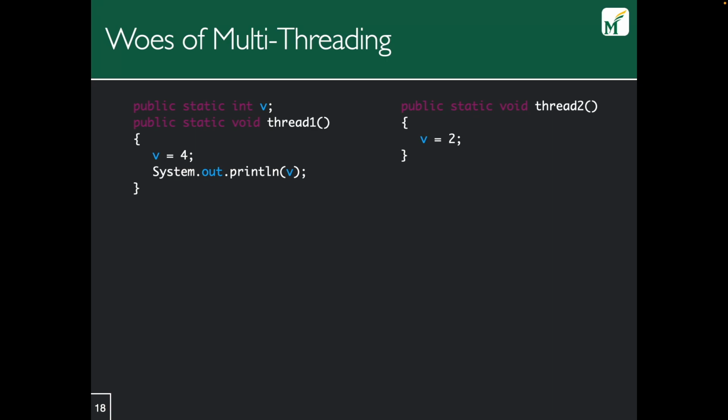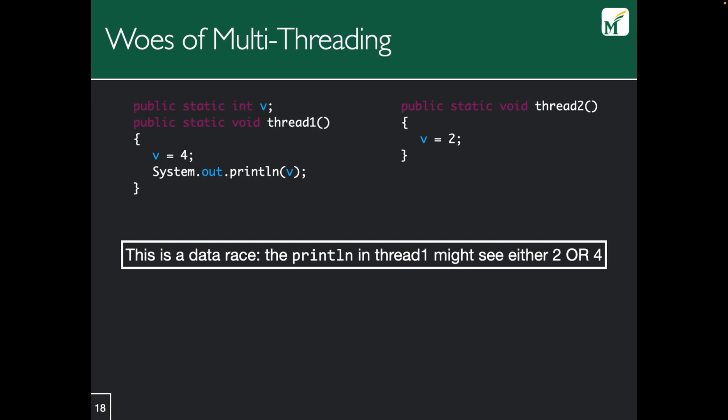And here we're setting v equal to 2. Now, the danger of having a multi-threaded program in Java is that you don't have any kind of guarantee of execution order of things that are happening across threads. And this can create a situation that's commonly referred to as a data race.